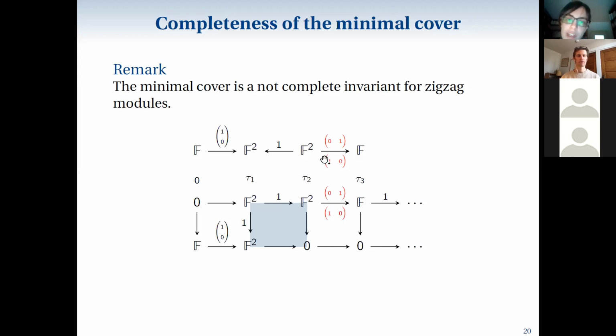While if I look here, the decomposition is going to be 1 bar from here to here and then 1 bar from here to here. So the bar decomposition is different. But when I move to a tame parametrized chain complex, their minimal cover is actually the same. The reason is that once I jump up in degree, I'm no longer able to remember the length of the bar before. So we need something else to capture all the information in this case.